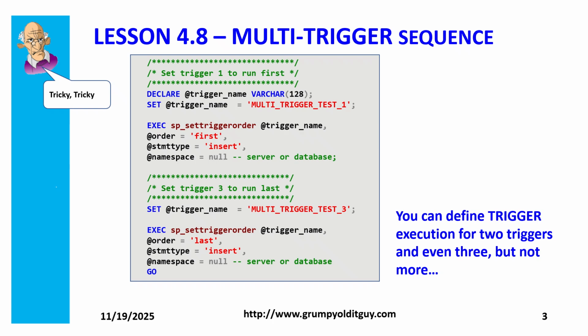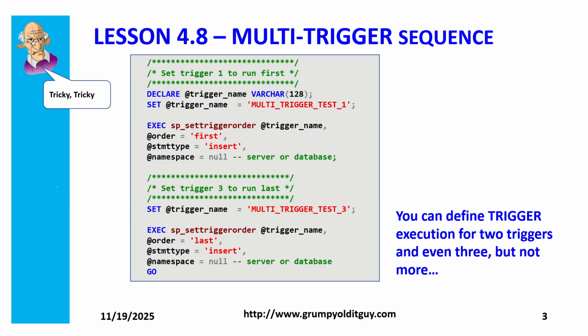So in this case, we're typing out first, and the type, an insert trigger. We did supply the name, a test name, which we'll see in the demo, multi-trigger test 1. The namespace is equal to null, so server or database. In this case, it's basically going to be on a table in the database.